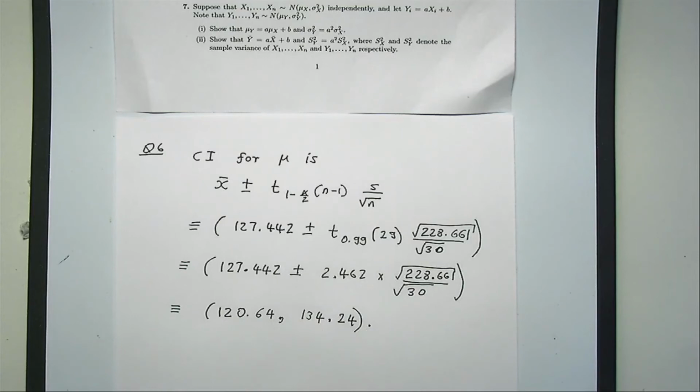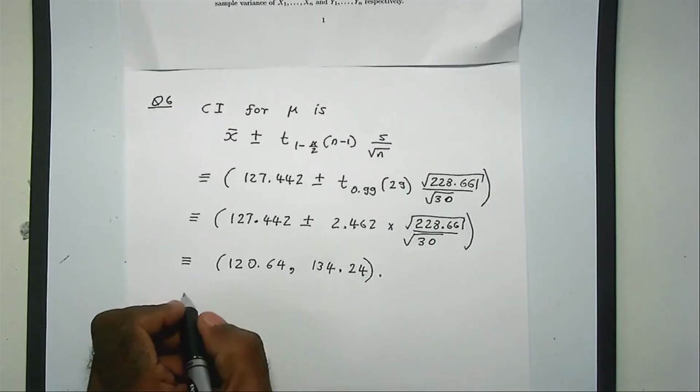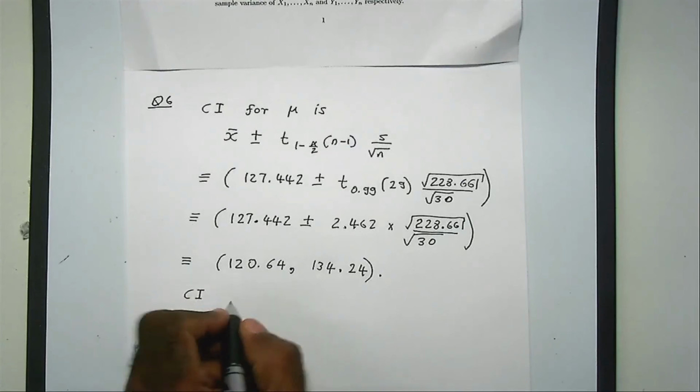The second part is that we want to find a 98% confidence interval for sigma squared. Okay, so let's see. The first thing is to write down the formula, which you should know.